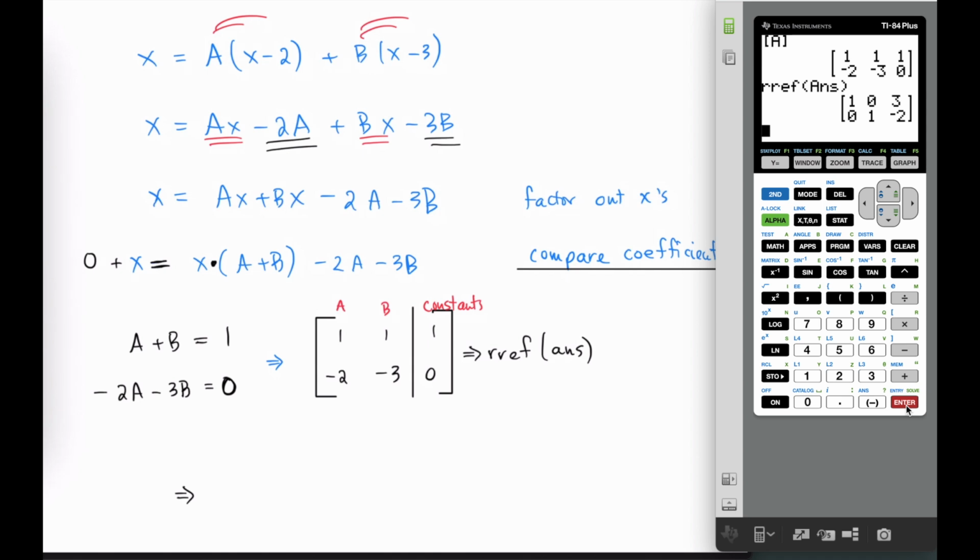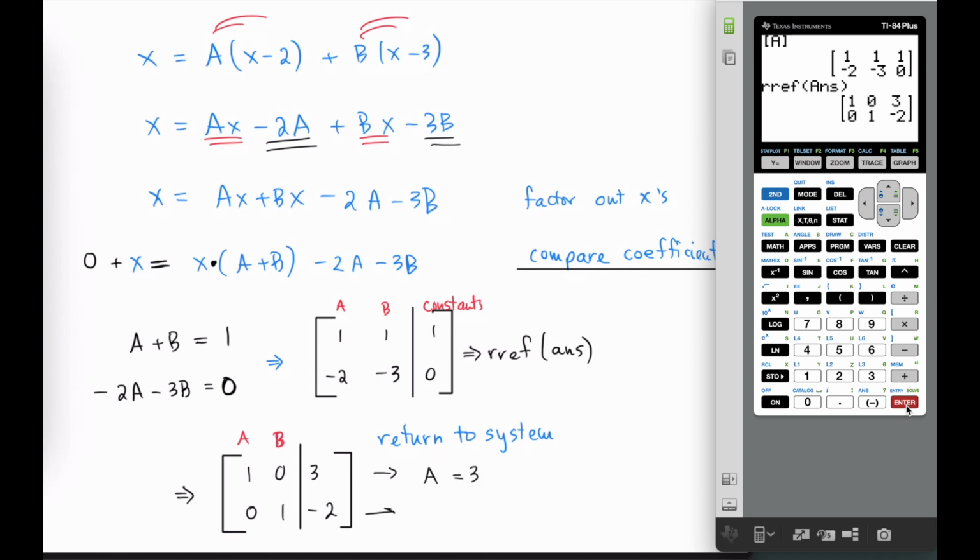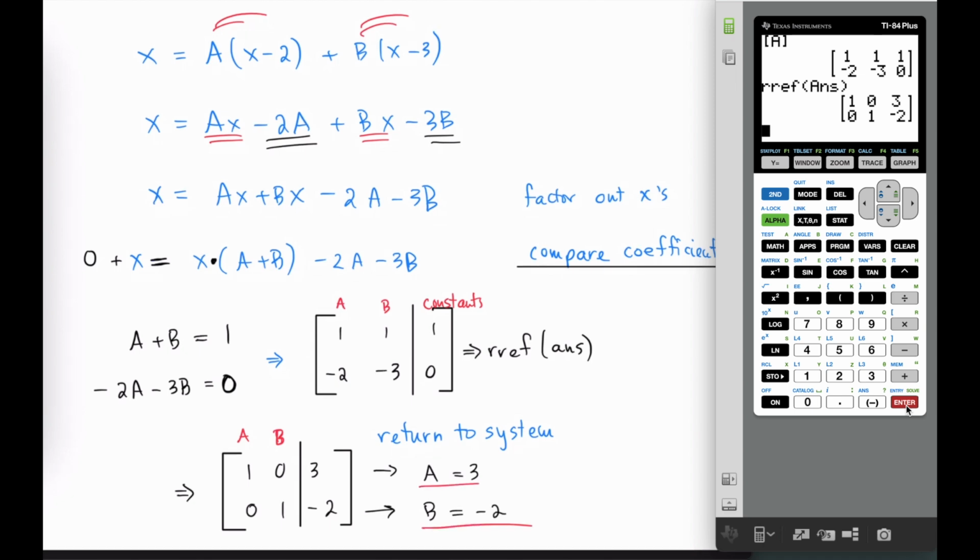And so what we now have is our matrix in reduced row echelon form, and that's 1, 0, 3, 0, 1, negative 2. And when we return this matrix to the system, remember that our first column is the coefficient on A, the second column is the coefficients on B. This first row turns into A is equal to 3, and the second row turns into B is equal to negative 2. So A is 3 and B is negative 2.